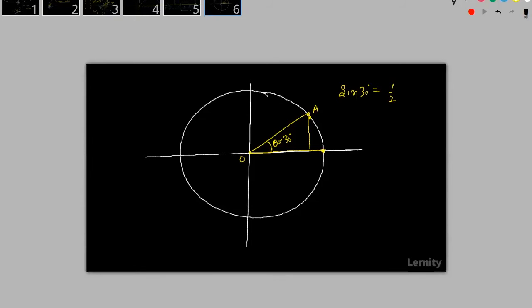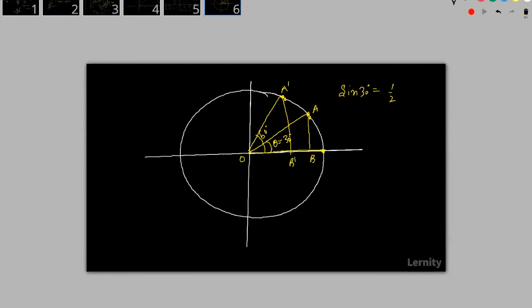So for 30 degrees, sine is 1 by 2. If I take a point here, and this is suppose 60 degrees, see, the height is increasing and the base is the same. Suppose this is now A, this is A dash, and this is B, this is B dash.